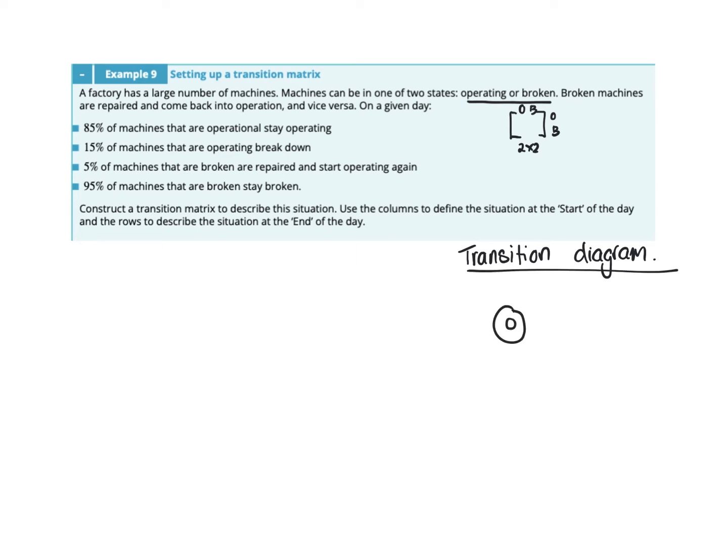So we've got operating and we've got broken, and I'll go through their first things. They said 85% of machines that are operating stay operating. So operating back to operating is 85%. And then 15% of the machines that are operating break down. So 15% from operating go to broken.